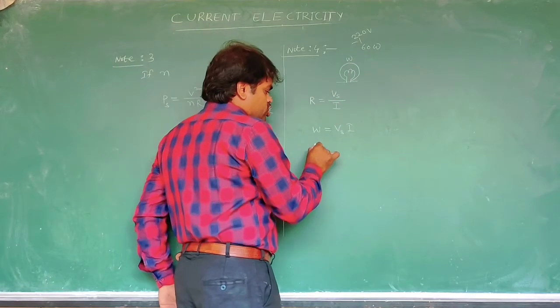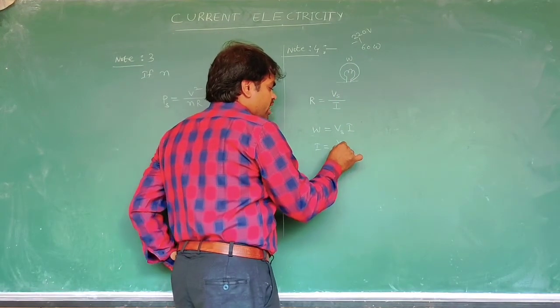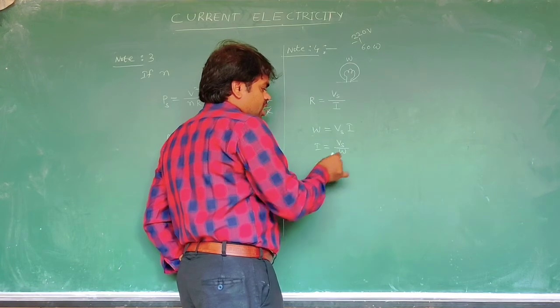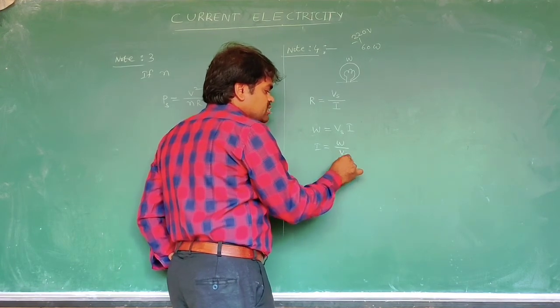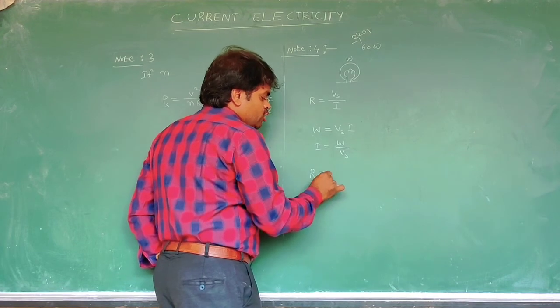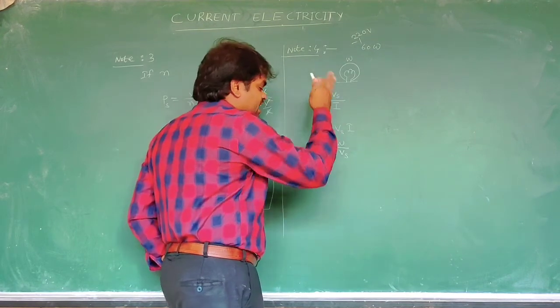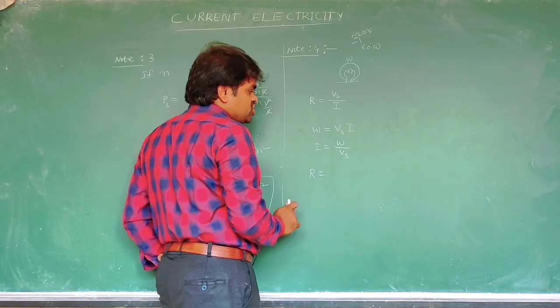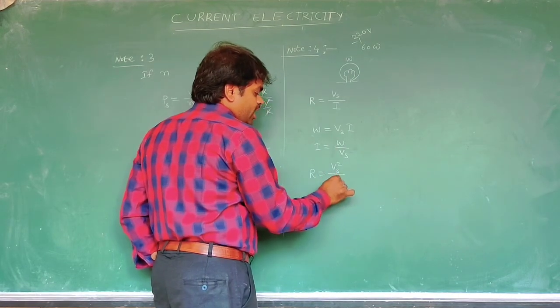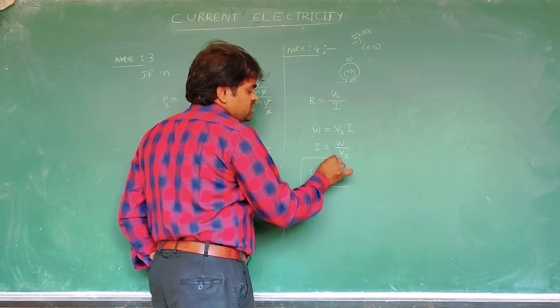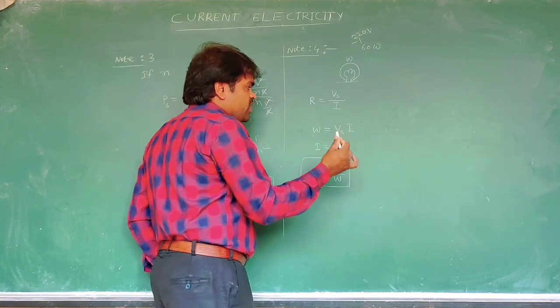Then what do we write? I is equal to W by Vs. Then we substitute, and the resistance of the electrical appliance is R is equal to Vs square by W.